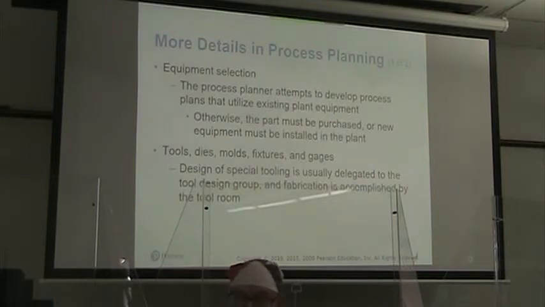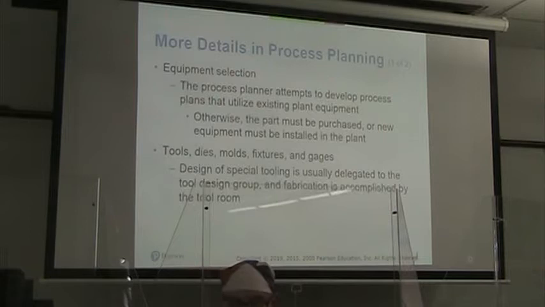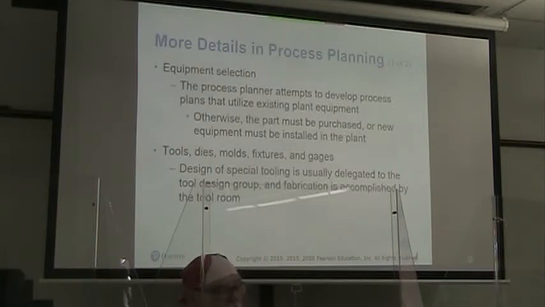So another thing that we need to be aware of in our process planning is equipment selection. Mostly we are going to try to develop a process plan that utilizes the existing plant equipment. Otherwise, we're going to have to look at either purchasing the parts or purchasing the equipment to make the parts that we don't have now.